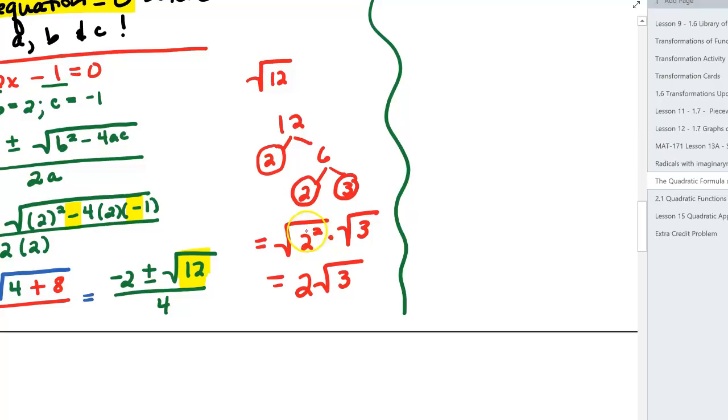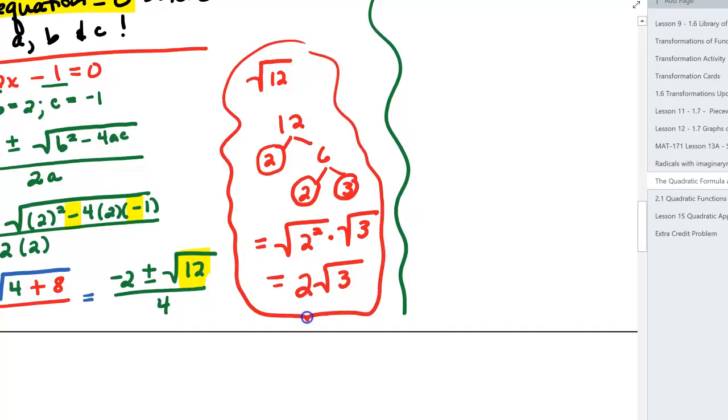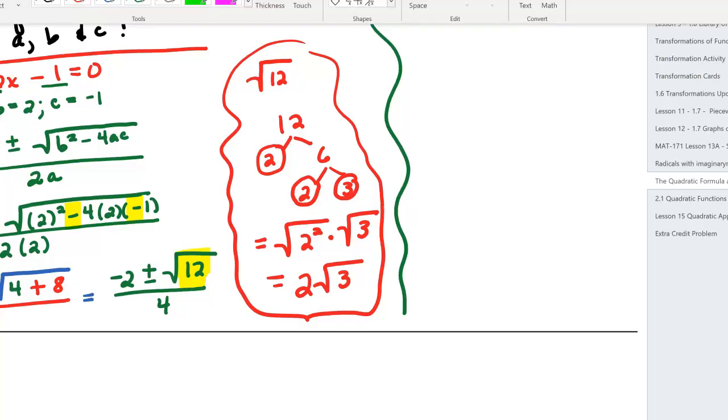Another way to think about it is that 2 squared is 4, and the square root of 4 is 2. But once you take the square root, it's gone, so that number is in front of the radical, and then what's left is the square root of 3. So that's kind of our side work to simplify the square root of 12.